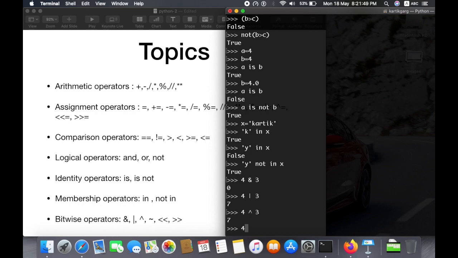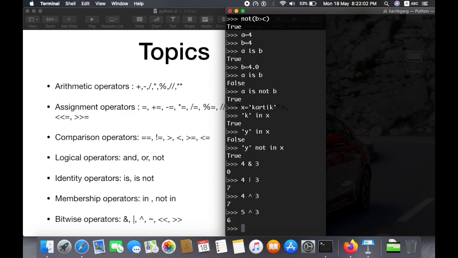Let's take another example. Suppose we take an example of 5 XOR 3. What is the output? 6. Why? Let's check. What will happen here is that 5 is 101 in binary and 3 is 011 actually. XOR does something different.